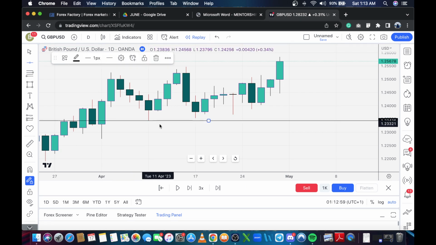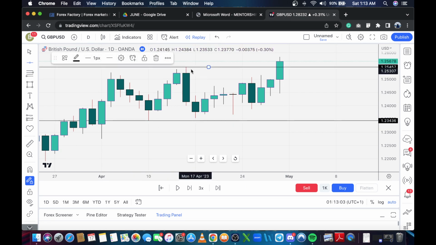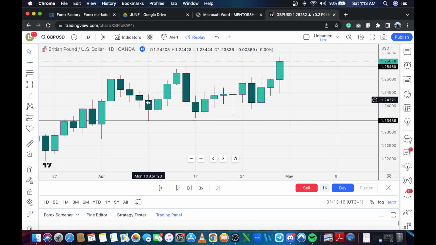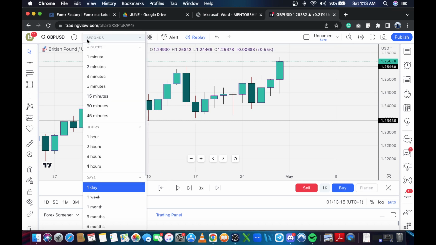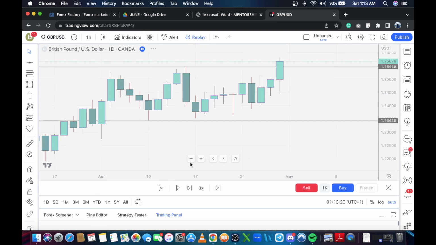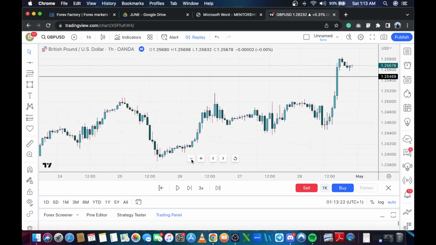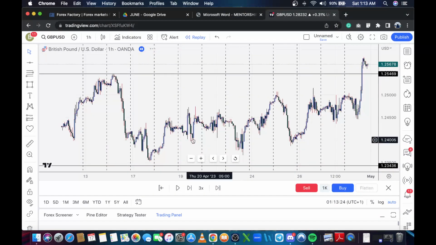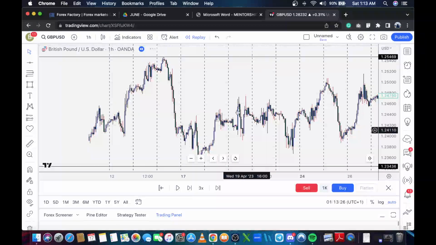Okay, so the discount low of our range is here, and the prime high of our range is up here. All right, so we've defined our range. The high of the range is here. That's the high of the daily candle at 14th of April, and the low is at the 10th of April. Now, if we broke this down to a lower time frame, we're going to divide our range into half.